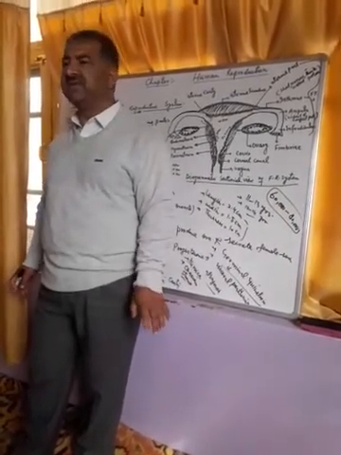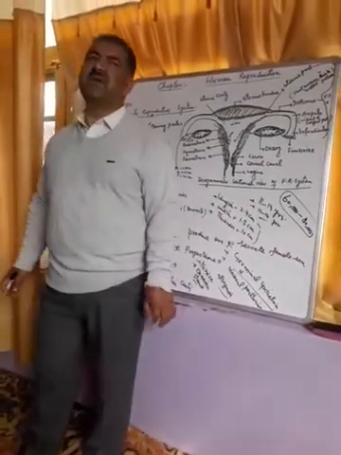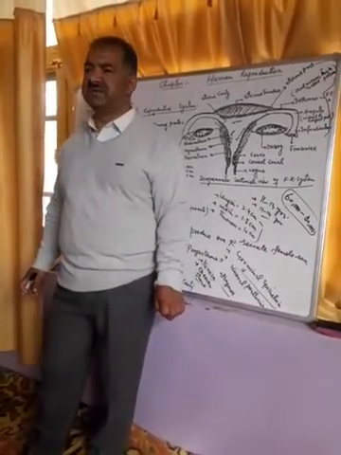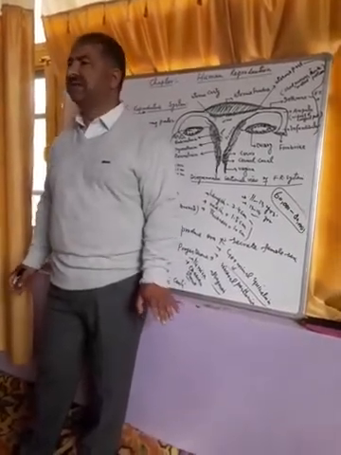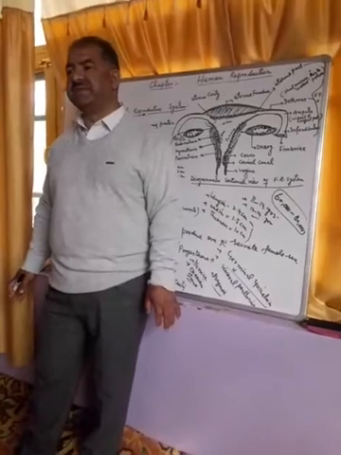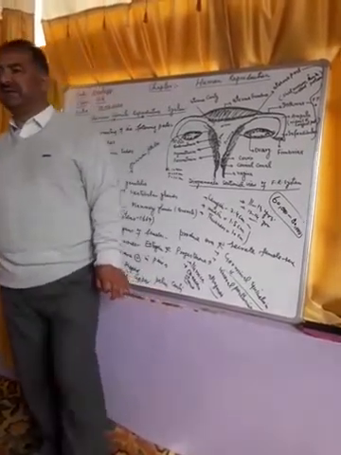The Graafian follicle is the mature ovarian follicle with a size of up to 2.5 centimeters. It develops under the influence of FSH, follicle stimulating hormone of the anterior pituitary gland.